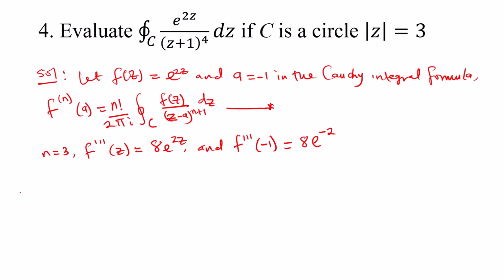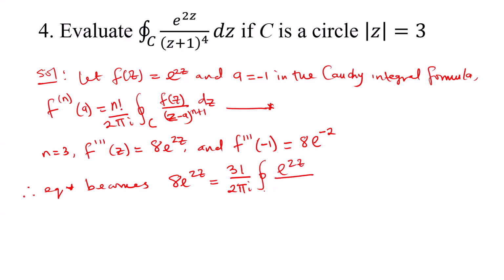So now, equation star becomes 8 exponential -2 equals 3 factorial over 2 pi i, the integral of exponential 2z over (z plus 1) raised to power 4 dz.